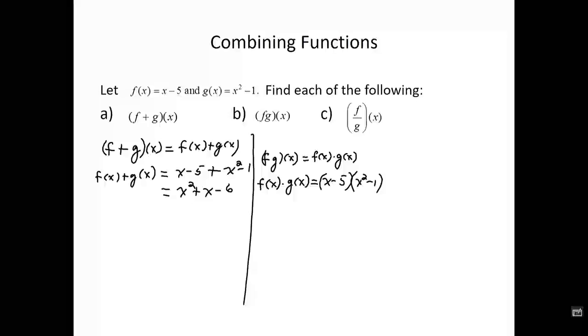So f of x times g of x is the product of these two factors. If you want to simplify, you can do the multiplication, and let's do that.